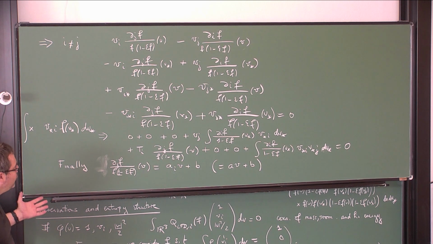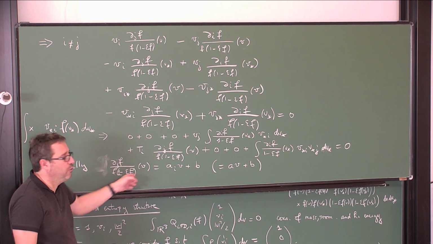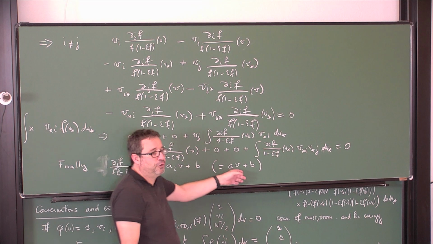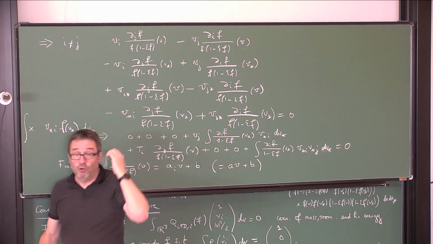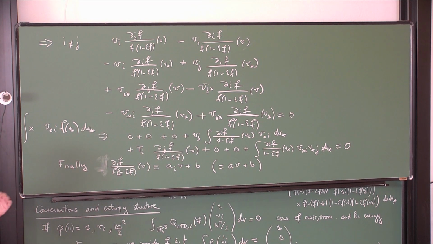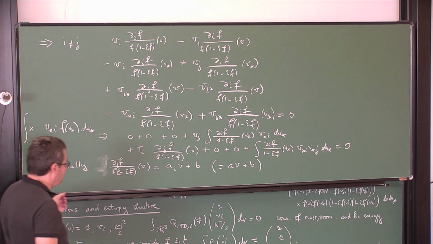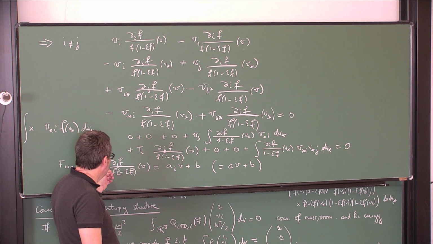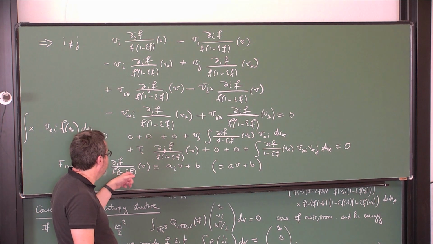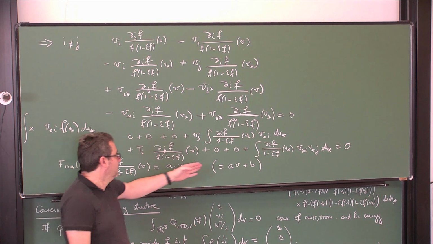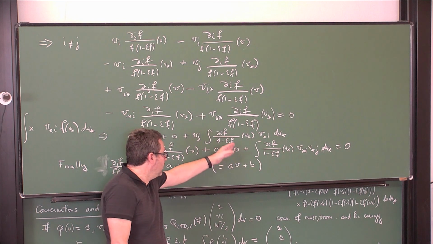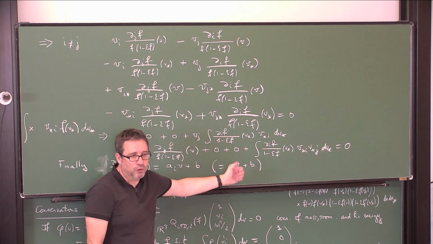So now what are the functions for which the j derivative is a first order polynomial in v? Those are exactly the Fermi-Dirac distributions, because this exactly tells you that the logarithm of f minus the logarithm of 1 minus epsilon f is this quantity once you have integrated, so a second order polynomial.